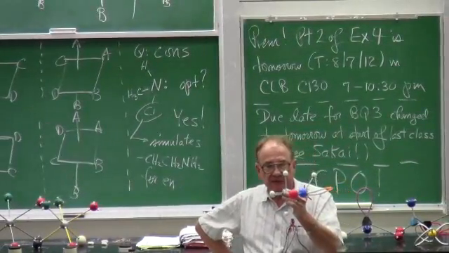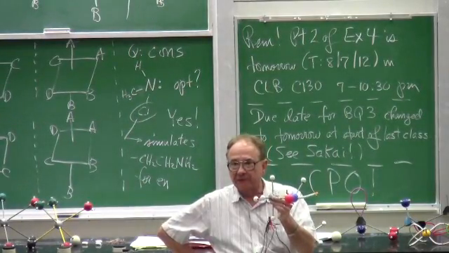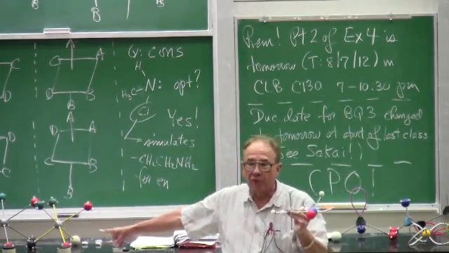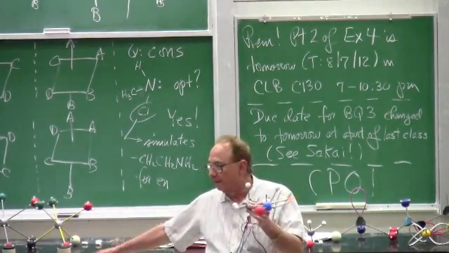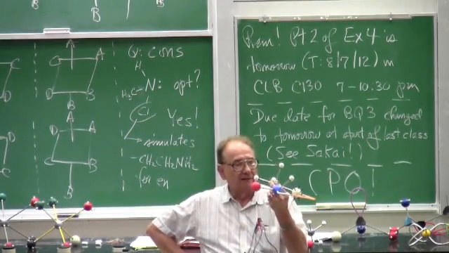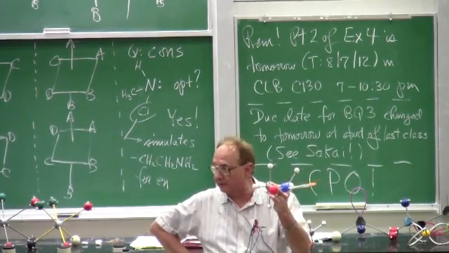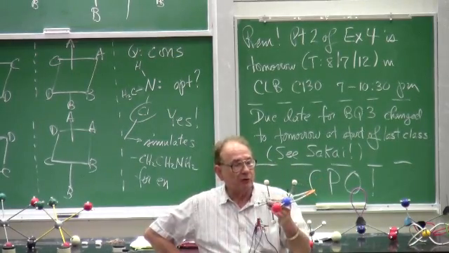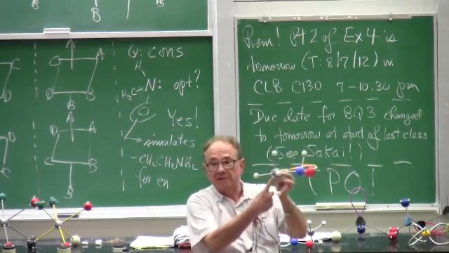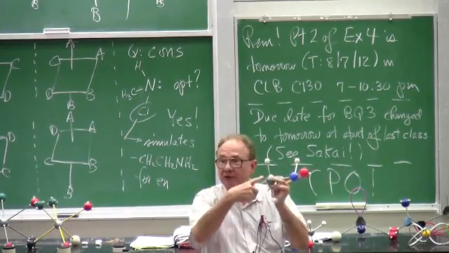I bought these models a year ago, hoping that they would serve the purpose of replacing the models which have become broken or missing from the collection of model parts we have in the back. And found out that with these things, I can make all kinds of models, more so than what I can make with the parts in the back, because these spherical central atom representers have all kinds of holes in there.